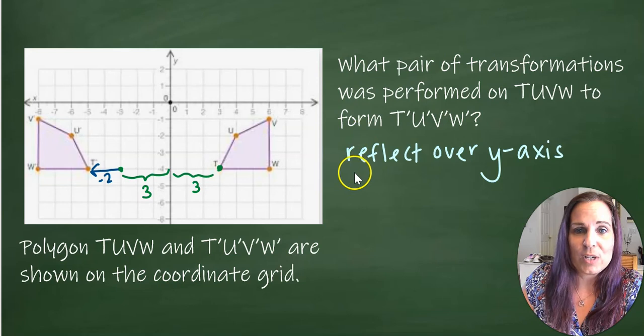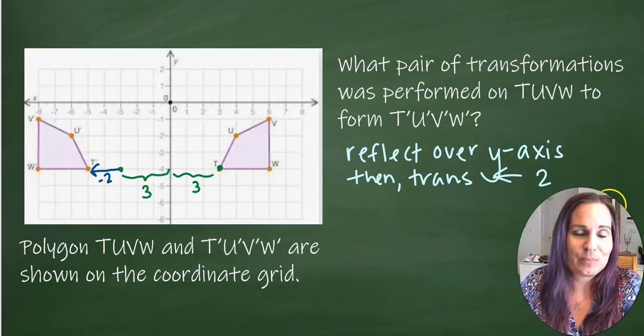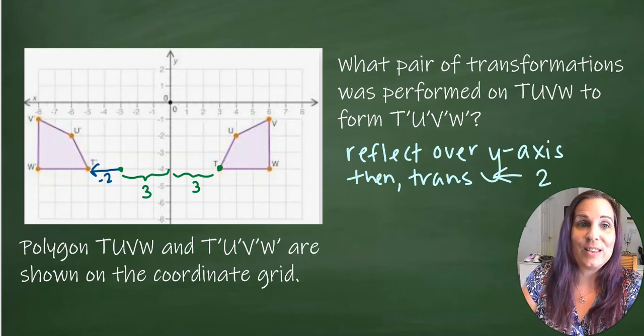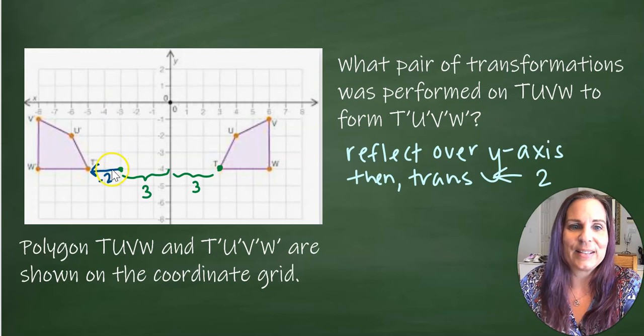We would translate, so I'm going to put then translate left 2, right? Now, just like the last time, we could do the translation first and then the reflection. So let's see what that would look like. Okay, so let's see where we want it to end up.